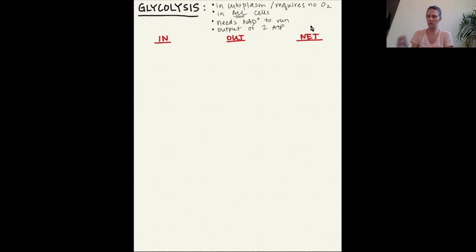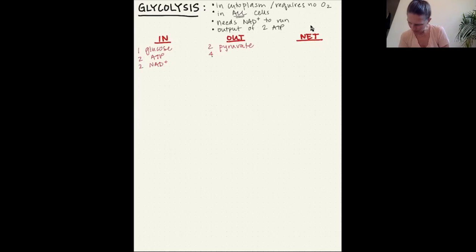So what comes into glycolysis is 1 glucose, right? 1 C6H12O6. And then we're going to need 2 ATP, and we're going to also see 2 NAD plus. What comes out is that glucose now gets converted to 2 pyruvate.